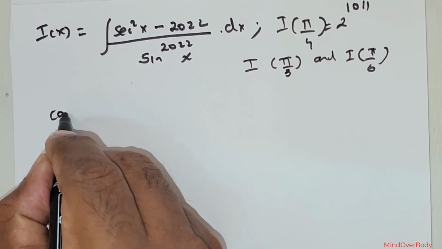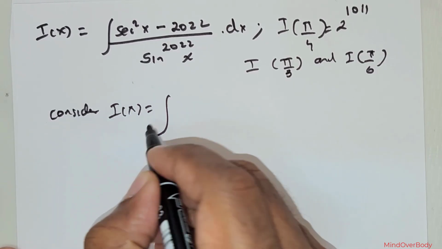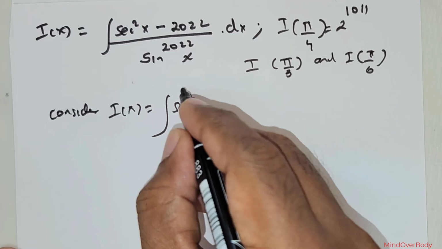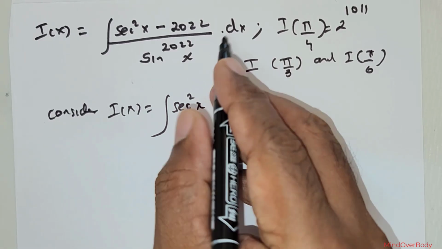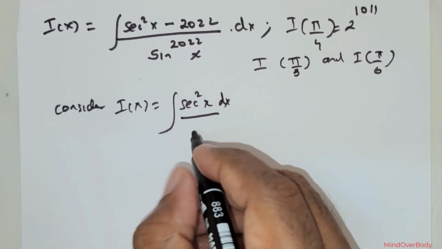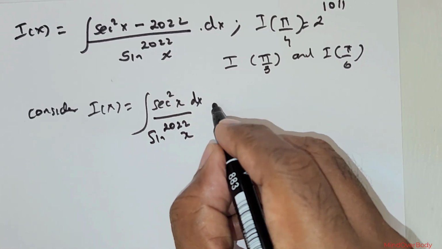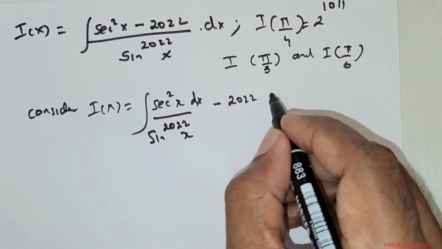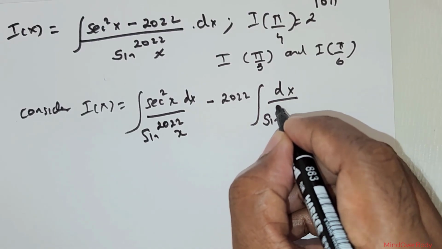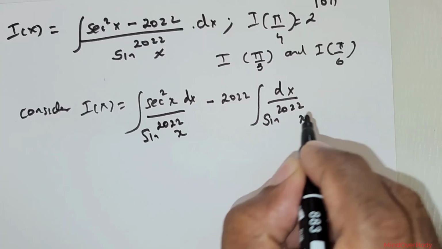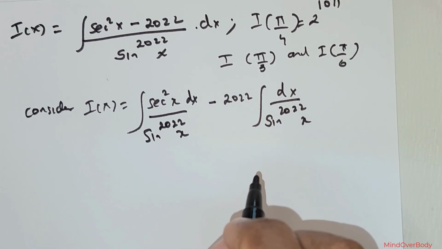So foremost, let me consider I of x to be equal to the given integral, secant squared x times dx divided by sine raised to the power of 2022 x, minus 2022 times the integral dx over sine raised to the power of 2022 x. I'm actually splitting the quantities.